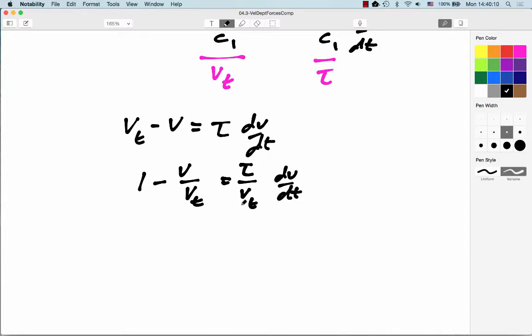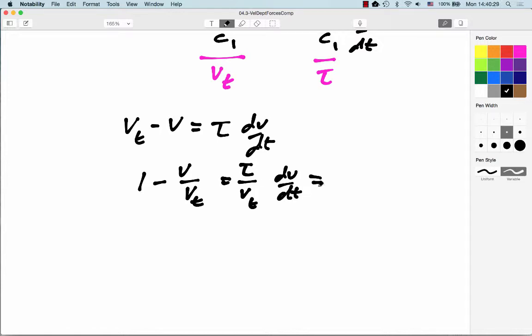Now, if we think about that just a little more, going back to our definition of v terminal and tau, or sorry, we don't even have to go back to the definition.